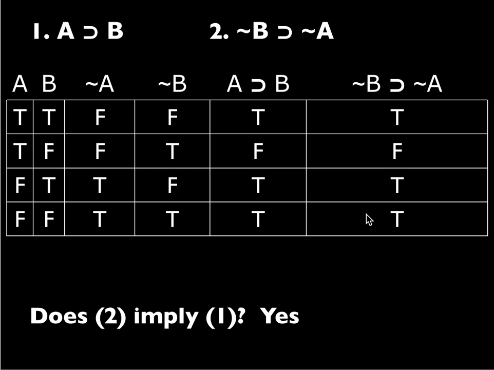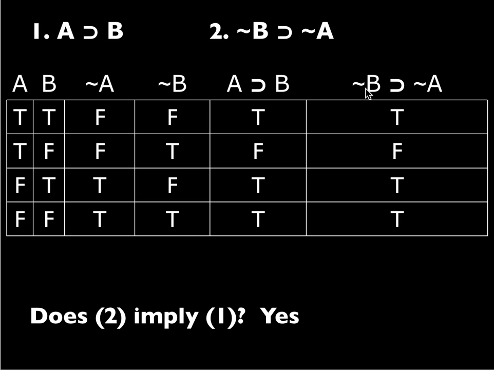Okay, now, another conceptual question. Our first question about these two statements was, are they equivalent? And we answered yes, they are equivalent. As soon as we know they're equivalent, can we tell immediately anything about the implication questions?